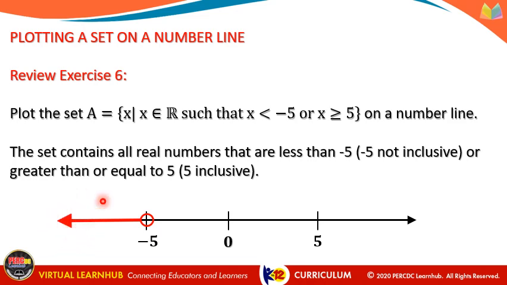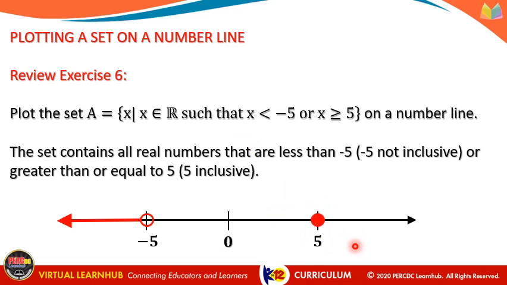Let's now go to the other half of our set. Sabi dito, x is greater than or equal to 5. Magmula +5, pataas naman. Yung saktong +5 ba kasama? Yes. So as you can see, x is greater than or equal to 5. Since yung saktong 5 ay kasama, dito sa may 5, maglalagay tayo ng solid circle.